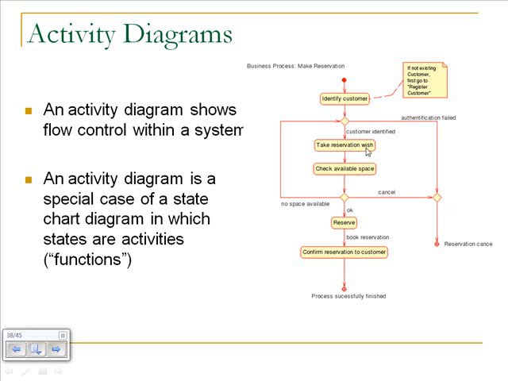You take the reservation wish, you check available space, then you come to another decision point. You can either go here if you want to cancel, or if it's okay, you can go and do the reservation. So this is an example of an activity diagram. It's a special case of the state chart, but you are no longer looking at the states, you are looking at activities.